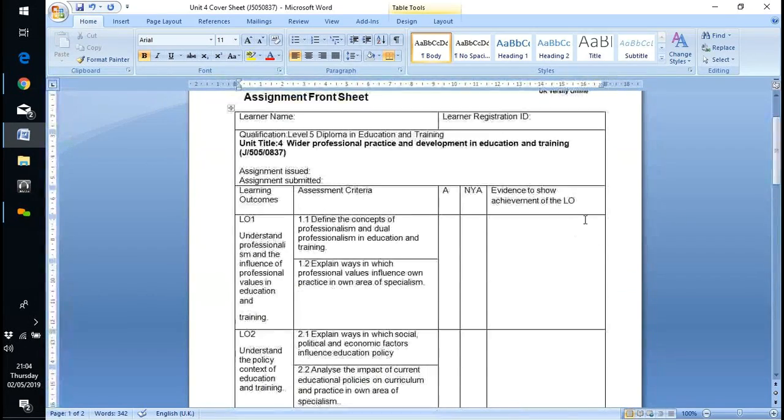This mainly is about the wider professional practice and development in educational training. So there is some relevance to other units, but there is also a little bit of academic work, especially in Unit 1, where it says define the concepts of professionalism and dual professionalism.